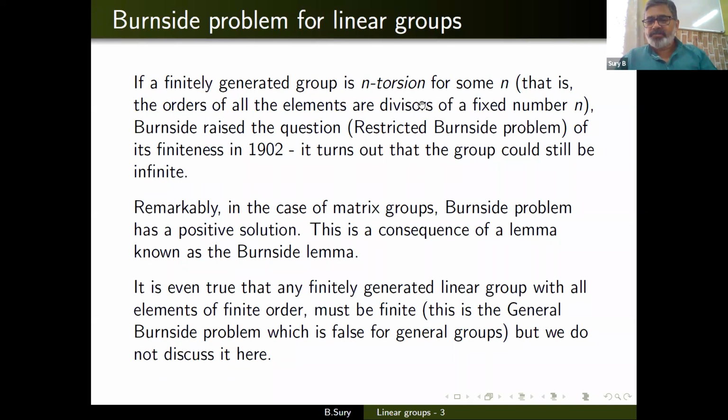So you're first bounding n and then solving the restricted Burnside problem positively for linear groups. Every finitely generated linear group with all elements of finite order must be finite, and it is far from true in general groups, general abstract groups, non-linear groups. Very crazy examples will be there also.